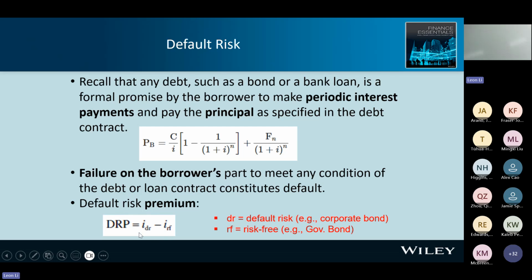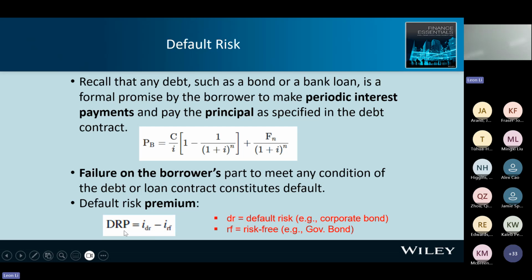This is our formula. So let me explain the formula to you. DR is default risk, for example, a corporate bond. RF stands for risk-free, for example, a government bond. Right? So we have the yield of the corporate bond, the yield of the government bond, and the difference between them is the default risk premium.